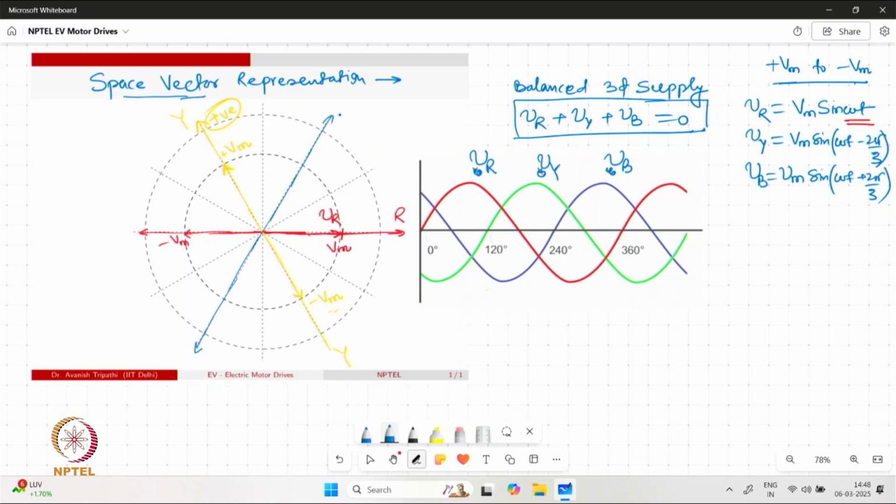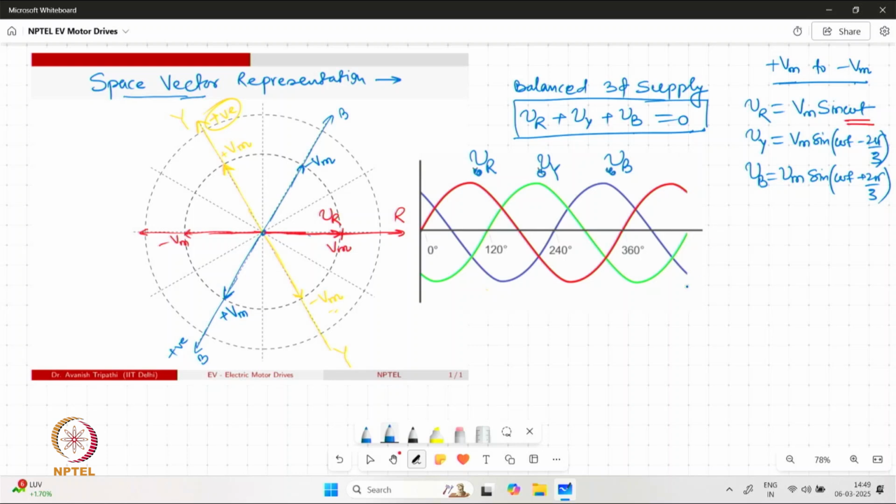So this is the axis for B phase and this is the positive side we are having, and then our vector Vb can take any value from plus Vm to minus Vm. Now what happens when we are placing these quantities in space as a vector, we are representing it with a magnitude and then with an associated direction.